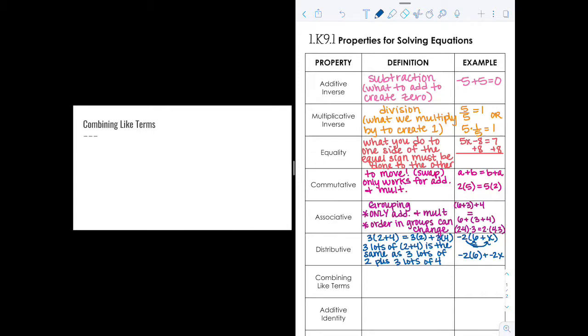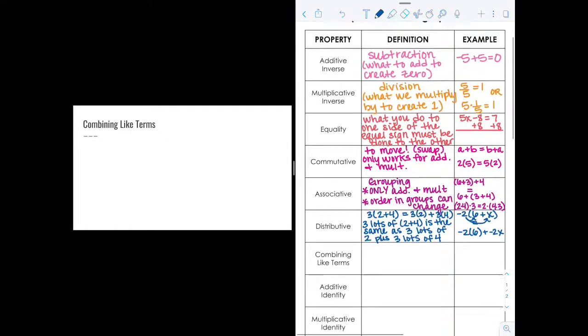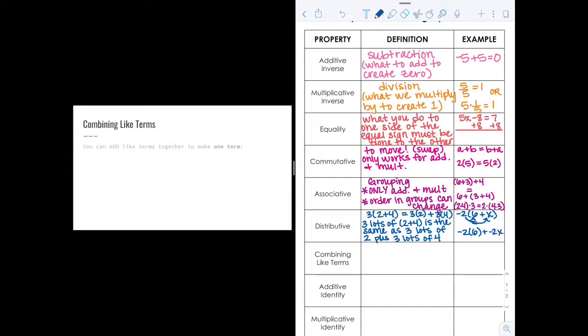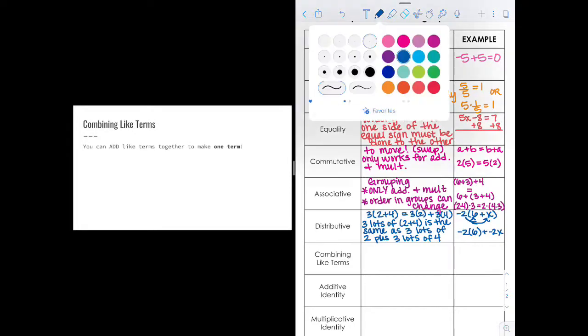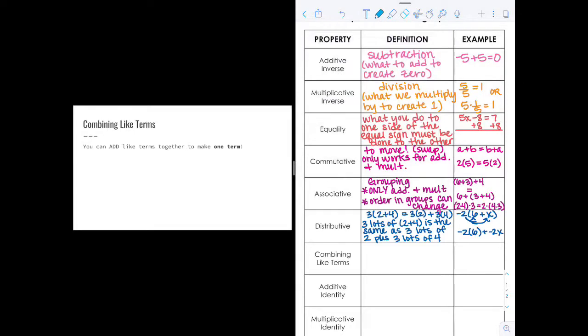Okay, next we have combining like terms. So what this means is that we can add like terms together to make one term.